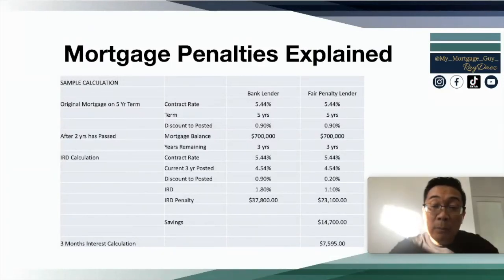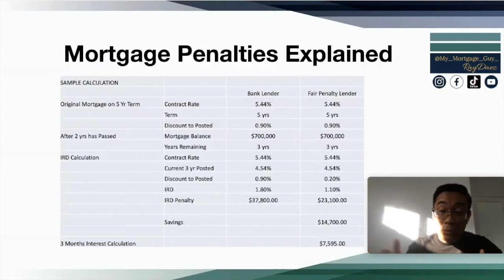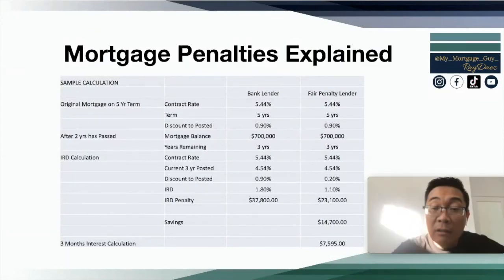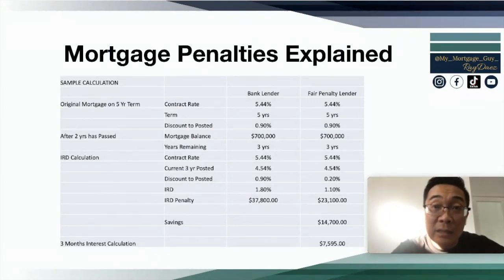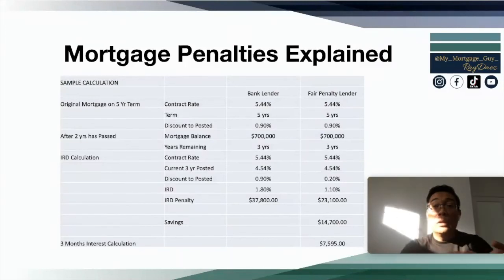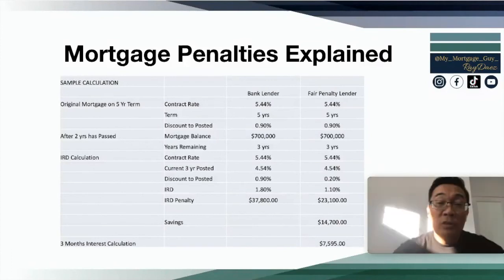So the fair penalty lender IRD would be 1.1% per annum, multiplied by 3 because there's still 3 years left, and that effectively is $23,100. The difference between the two is around $14,700, and that is technically the cost saving you would potentially have if we went with a fair penalty lender versus a bank lender.